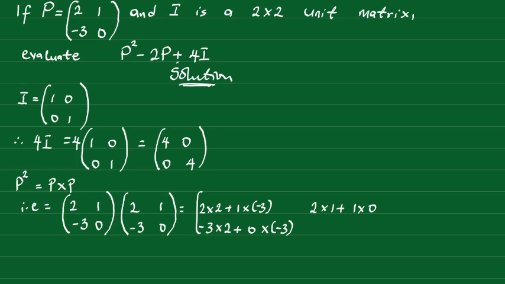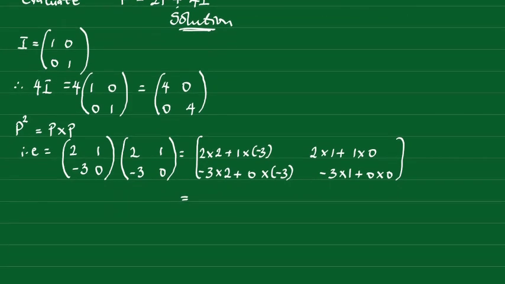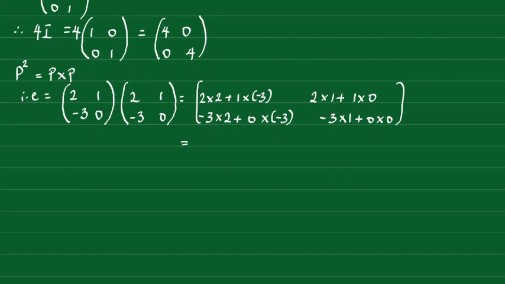Now we have next -3 times 1 plus 0 times 0.